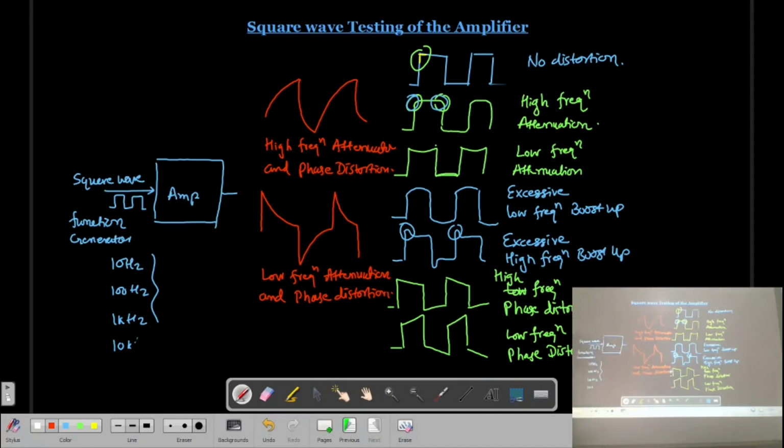Both are there. So at this frequency the low frequency is not amplified, as well as the phase distortion is also very large.